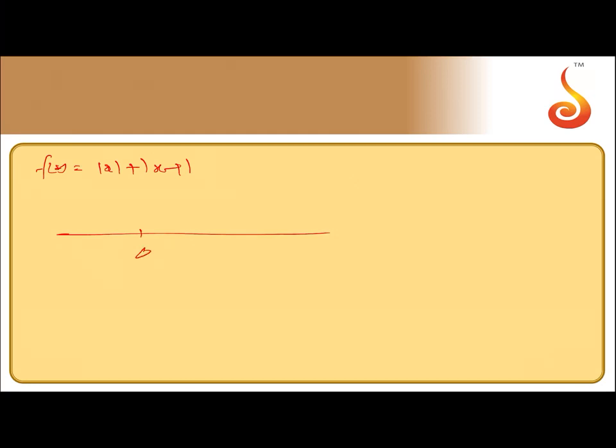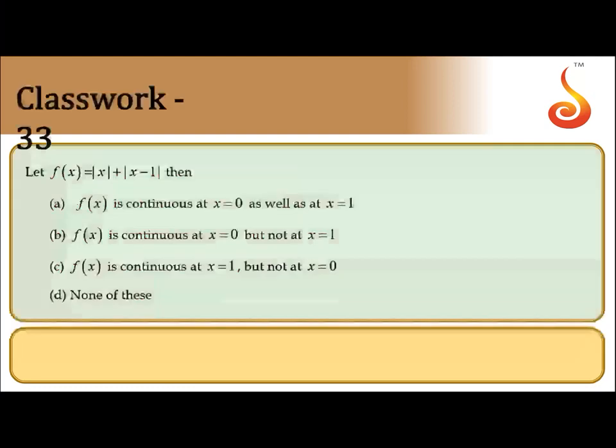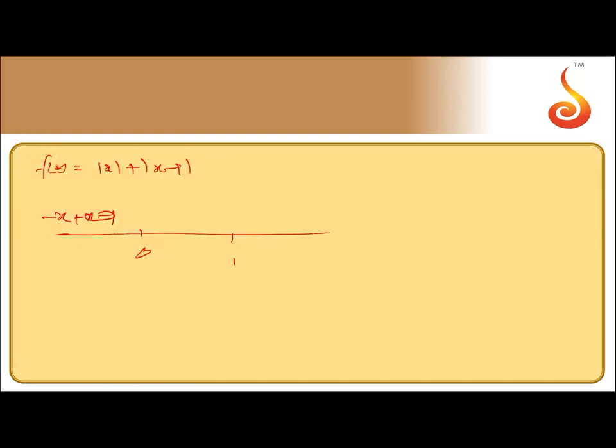When I take up the values around 0, modulus x is minus x, plus modulus of x minus 1 is 1 minus x. Yes, this will become 1 minus x because it is less than 0.